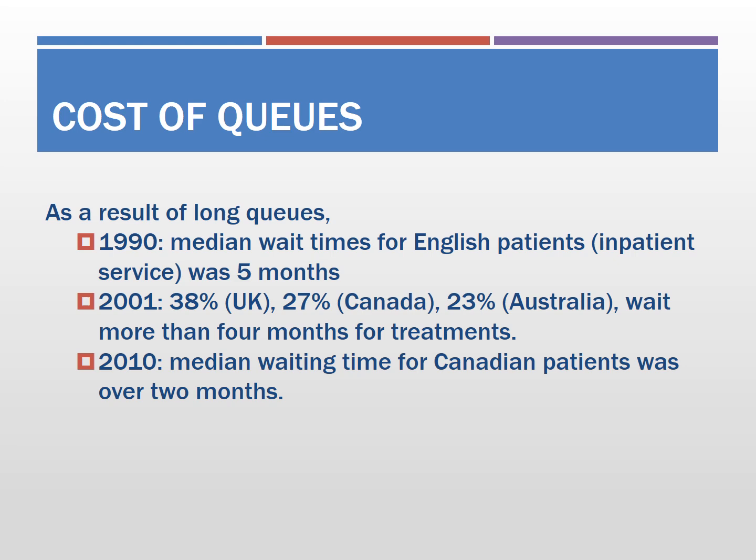In 2001, another survey also revealed that 38% of the patients in the UK, 27% in Canada, and 23% in Australia had been waiting more than 4 months for treatments. And in another survey of 2010, the median waiting time for Canadian patients was over 2 months.